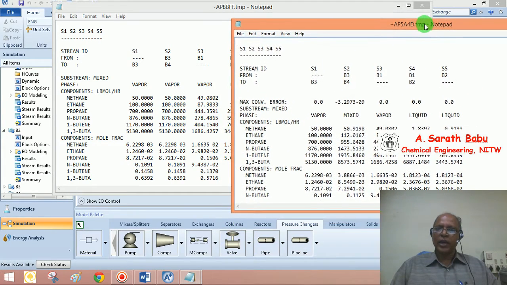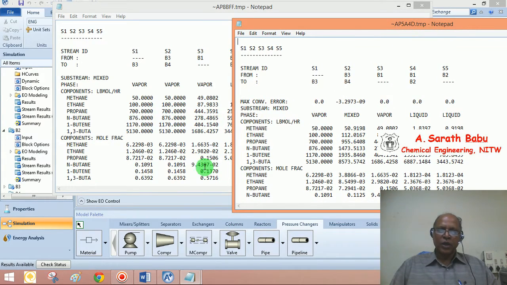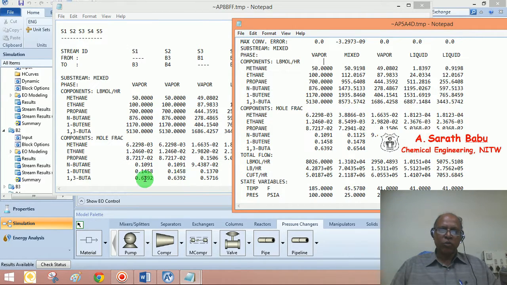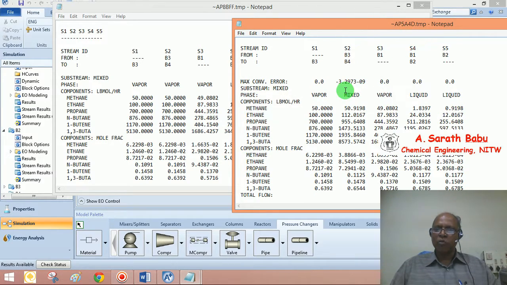Probably you can take a printout and make a comparison. Now you can see the mole fraction of methane is exactly similar. Ethane also similar. Propane is also similar. This is also similar. Now 0.1458, 0.6392. In the same way, we can observe what is the amount of vapor generated.